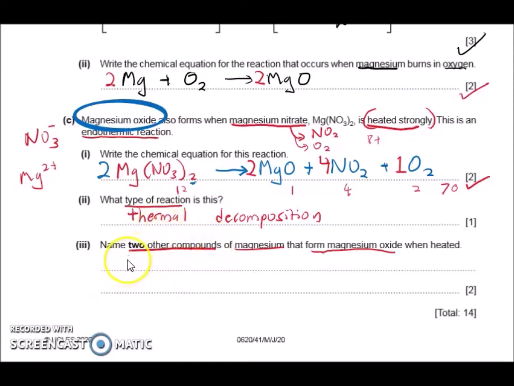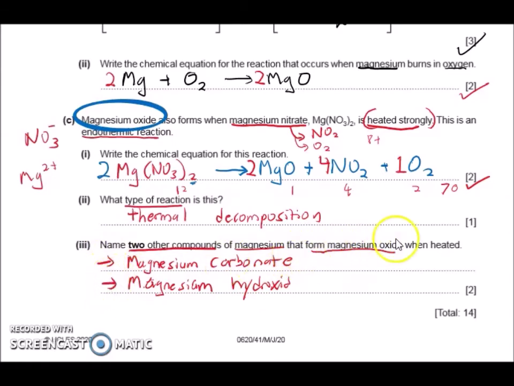So here we have magnesium carbonate, and another one you can say is magnesium hydroxide. So okay, both of these, they will form magnesium oxide when they are heated. Okay, so we have completed the second question. The total for the second question is 14 marks.